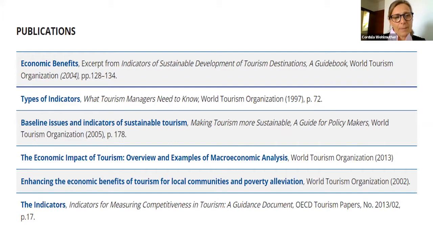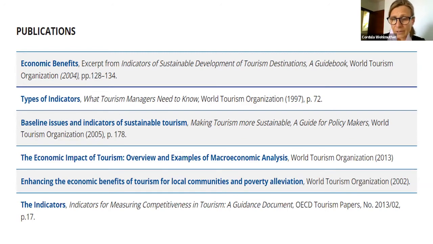The first one that is mentioned here is an excerpt from the book on indicators of sustainable development of tourism destinations, the guidebook on indicators of the year 2004, that we in UNWTO consider highly relevant, as it has all the key issue areas and many other areas for measuring sustainability in tourism on destination level.